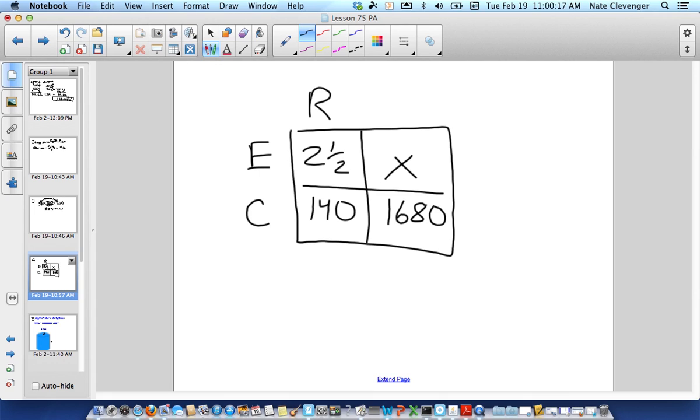Could we take 1,680 and see if that's divisible evenly by 140? 1,680 divided by 140 works out evenly. It's 12. So I could take my 140 times 12, and then I could take this times 12. 2 times 12 is 24, and half of 12 is 6. 24 plus 6 is 30.